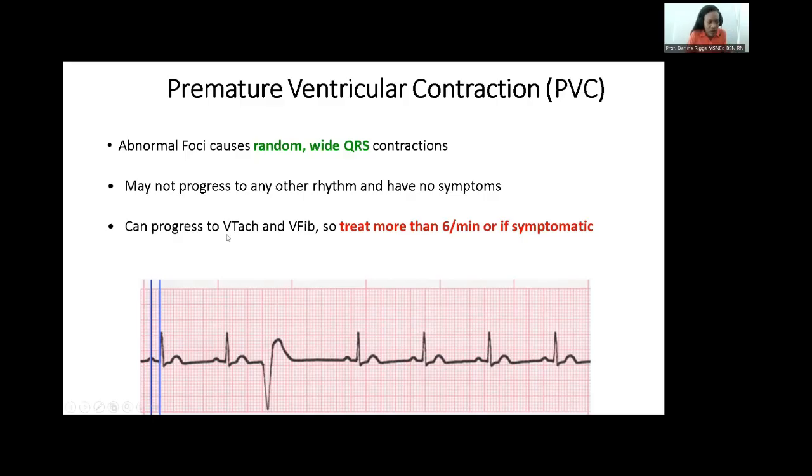So it could prolong, or client could end up in VTAC and VFib. So we want to monitor this client, especially if they're having more than 6 of them per minute. And obviously if they have symptoms, but for the most part, we watch these clients with PVCs, okay? Unless they're having more than 6 or they have symptoms, then we would intervene, okay?